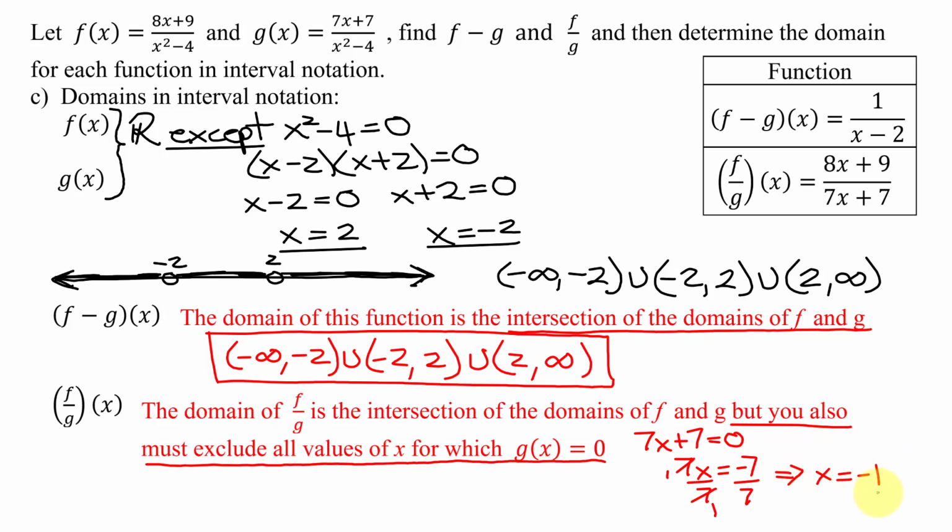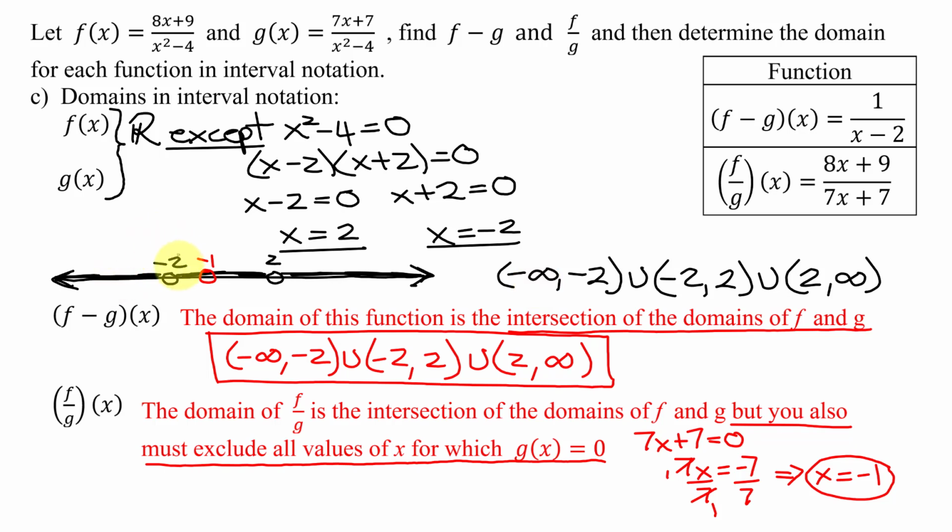Now, is the denominator equal to 0 at negative 1? No, the denominator is only equal to 0 at positive 2 and negative 2. So g of x equals 0 when x equals negative 1. Now, is that in the intersection we found up here? Yes, negative 1 is in here. So I'm going to have to exclude it from this domain.